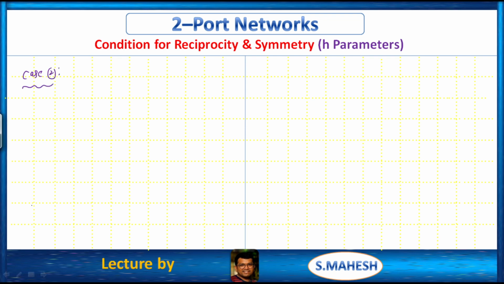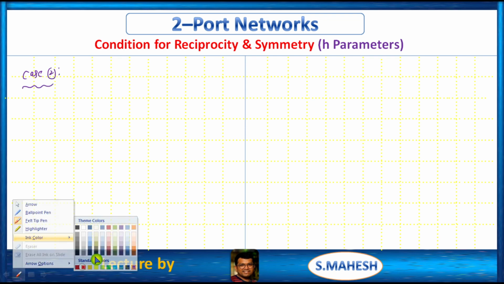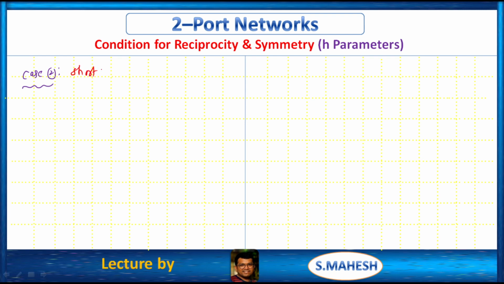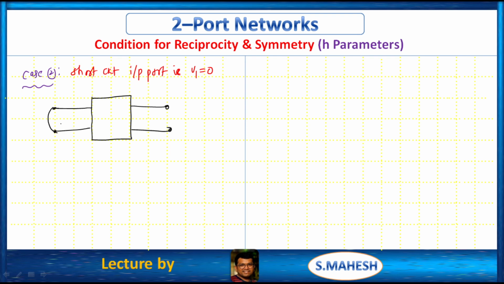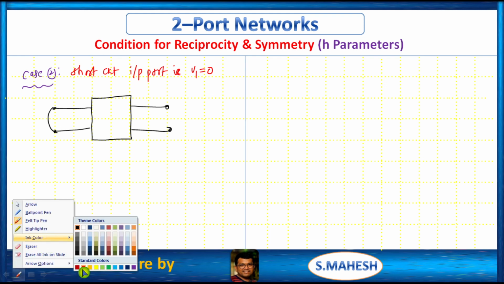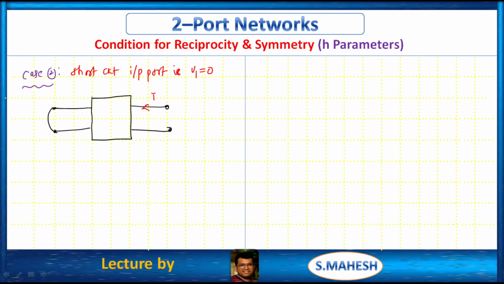Case 2. What is case 2? Short circuit the input port, that is V1 = 0. This is short circuited, therefore this is I2, this is I1, but this is minus I1.